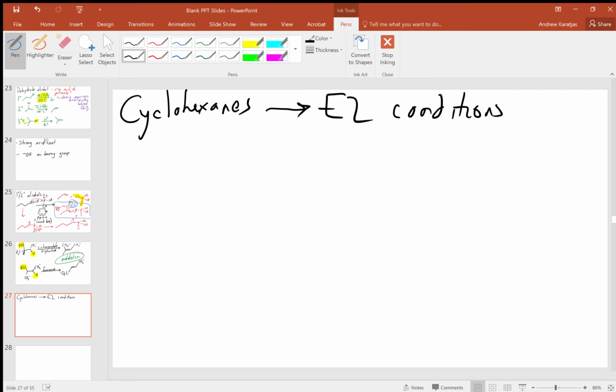The cyclohexanes, as a consequence of the way the molecule is structured, we're talking about its shape, have some other special characteristics we have to talk about.